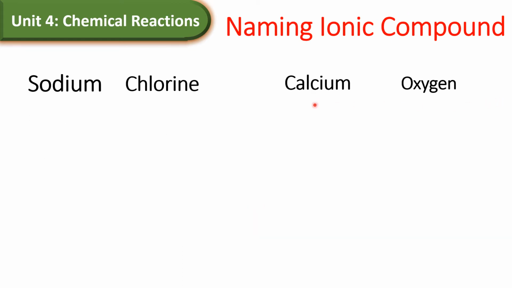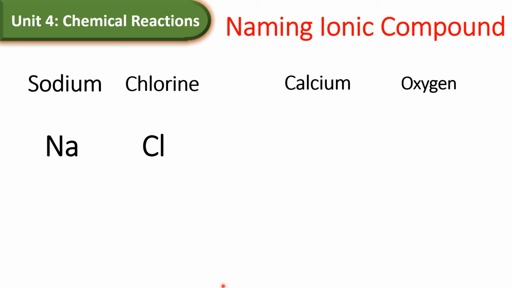We will be using these first two elements, sodium and chlorine. The element symbol of sodium is Na, and the element symbol of chlorine is Cl. Now, do you still remember the net charge? Your net charge is your protons minus electrons.